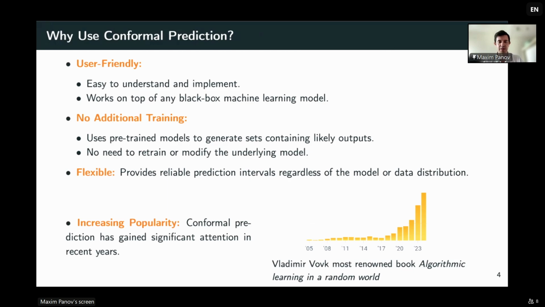And the methods are flexible, they can be applied to any model. I think these are some reasons why the conformal prediction methods were gaining increasing popularity. For example, Vladimir Vovk's book on algorithmic learning in a random world has, in recent years, an exponential increase in citations, so everyone is using these methods.